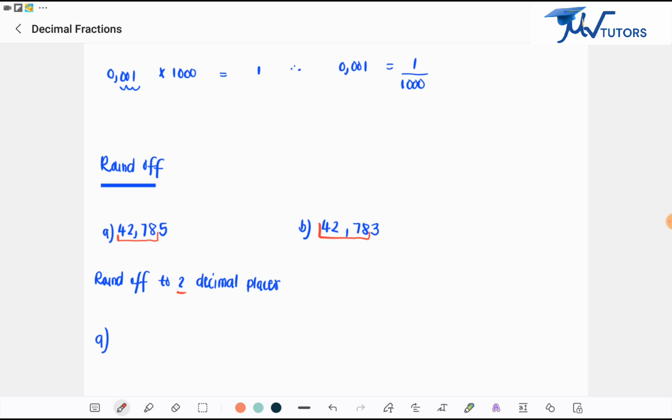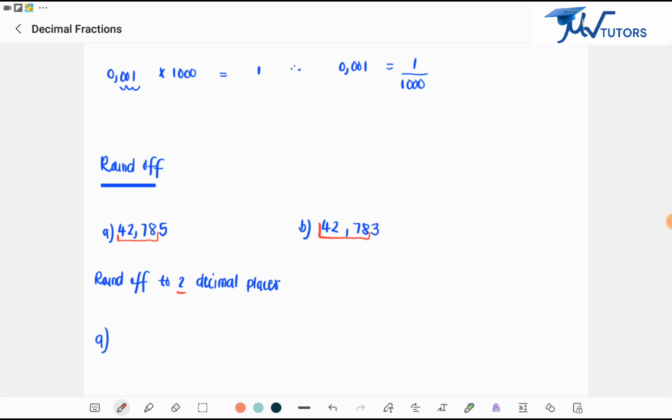Now the number that comes after the 8 will tell you if you need to leave the 8 as it is or if you need to then take it up to 9. We basically always round up or we leave it as it is. So what will then tell us if we're going to leave it as 8 or round it up to 9?